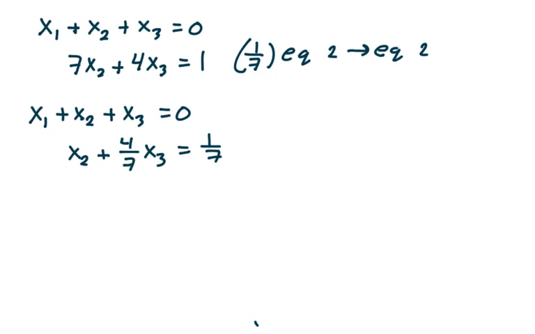Okay. Now, let's talk about this. Notice how we have two equations. How many unknowns do we have? We have 3 unknowns.